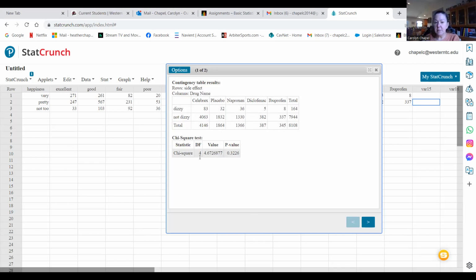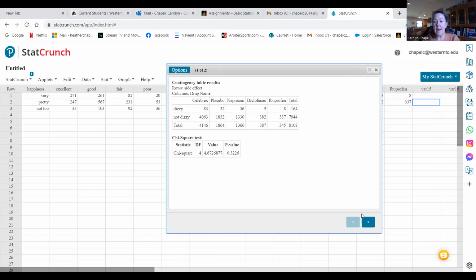There was our degrees of freedom, again, the 4 that we came up with. There is our test value, 4.67, and I'll just put 3. And our p-value is 0.3226.